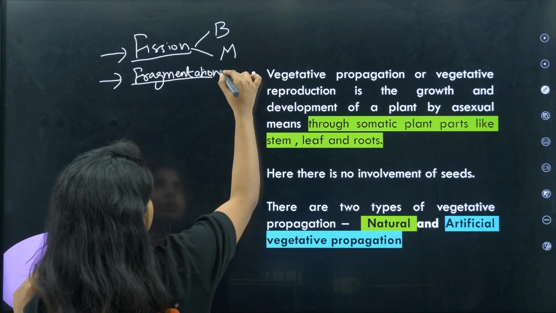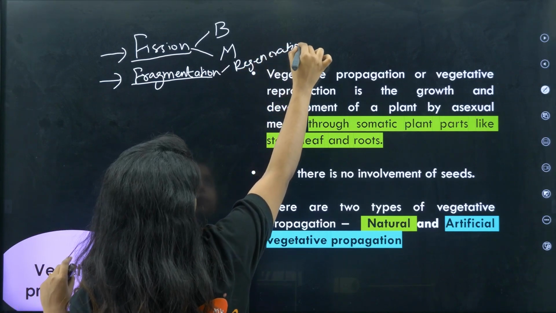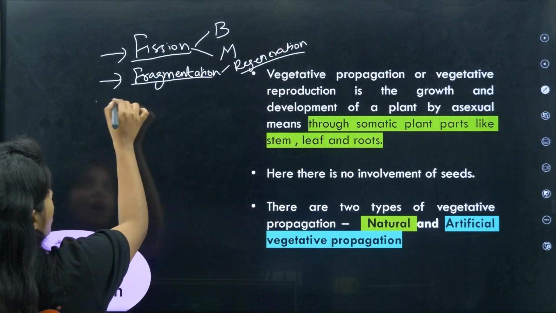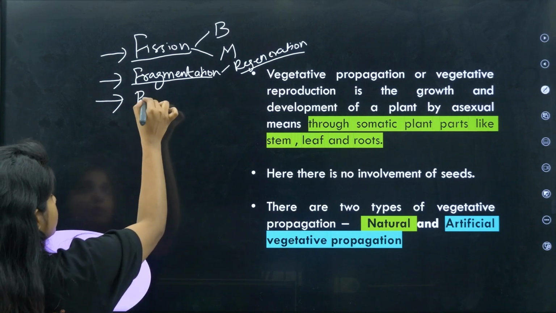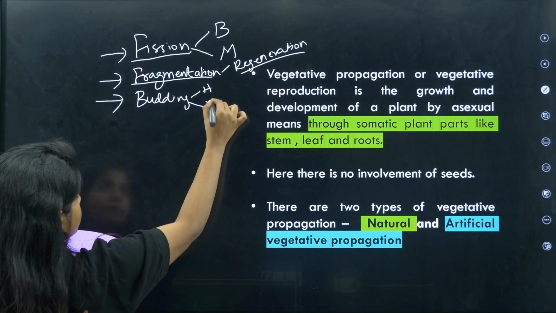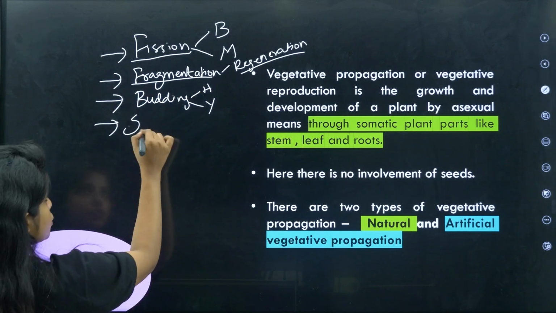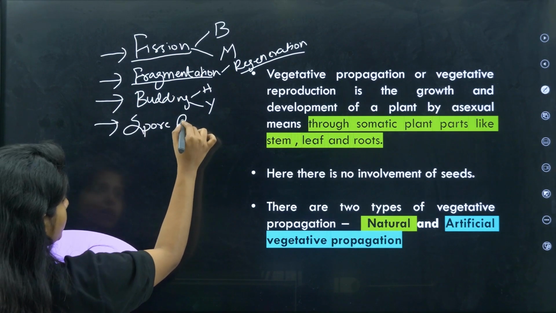In fragmentation, again regeneration has to happen, otherwise things do not work. After that we spoke about budding, and budding was found in hydra and yeast. After that we spoke about spore formation in fungus or bread mold.